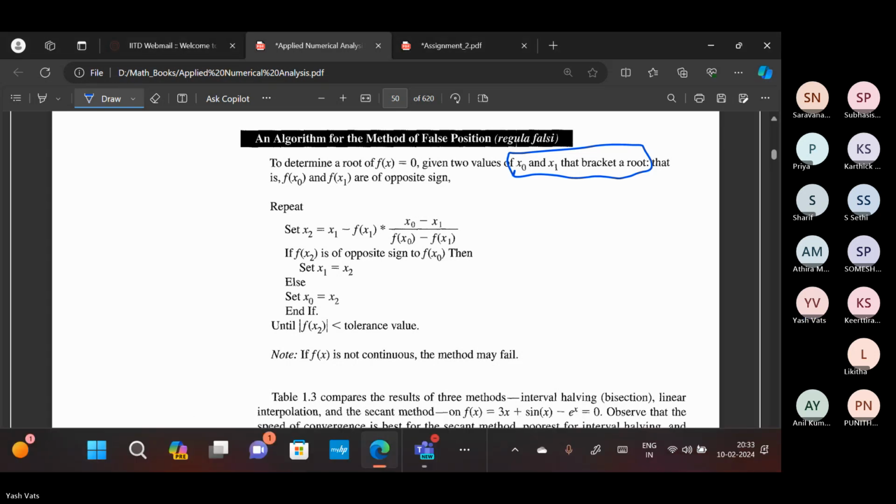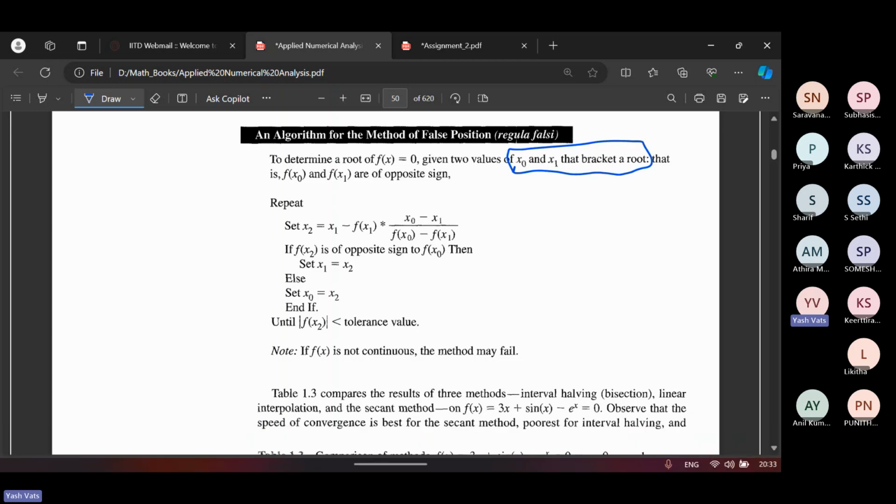Now, the algorithm says that if you have to determine a root of a function given two values that bracket a root, like f of x0 and f of x1 are of opposite sign, then you find the value of x2. It's not saying that x2 is x1 plus x0 by 2. It's saying the value is given by the second formula.